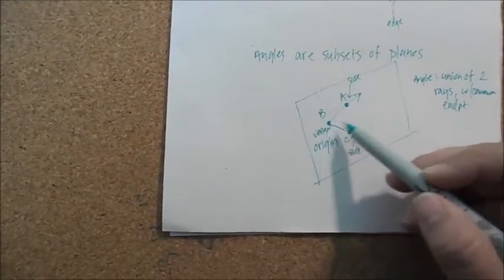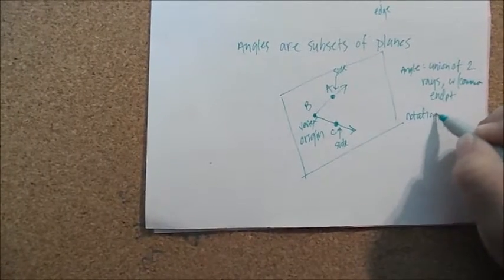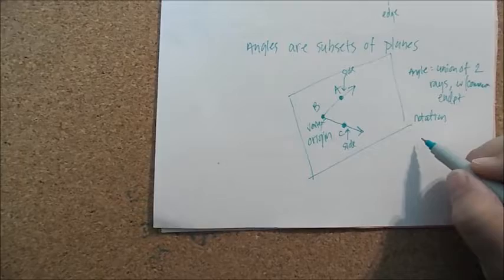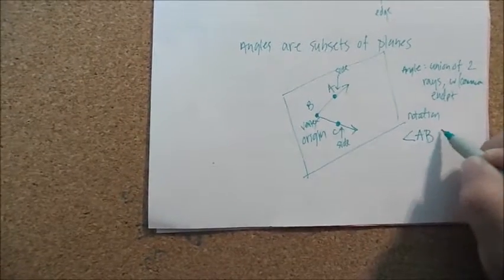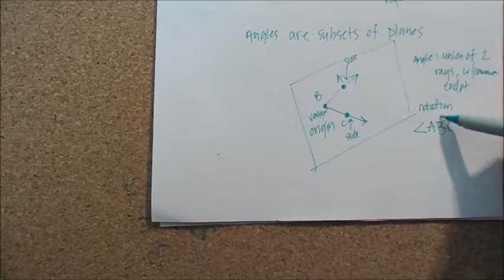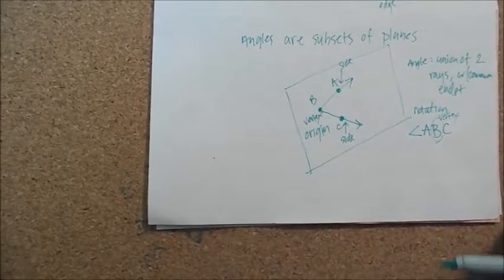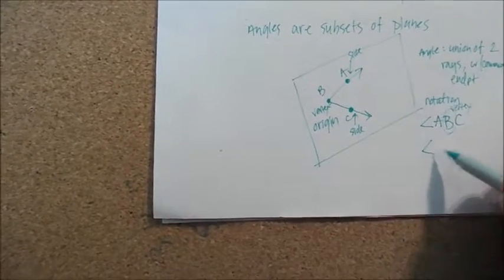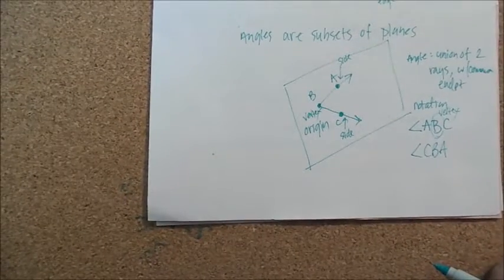Now, how you label an angle notation-wise: for this one, it would be angle ABC. This middle one is always the vertex. This could also be called CBA, as long as B is in the middle.